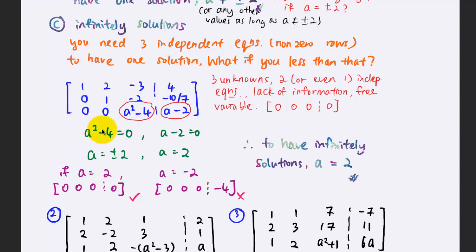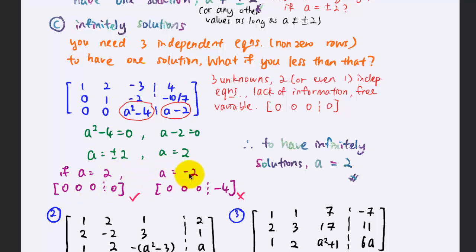Having said that, A squared minus 4 must be equal to 0 and A must be plus or minus 2. On the other side, A minus 2 must be 0 too, and in this case A is equal to 2. So we come to an argument again. We have two sets of data here. Which one is the correct one? Let's substitute the values of A into this equation to see. If A is 2, I would get 0, 0, 0, 0, the whole zeros row. So this is correct.